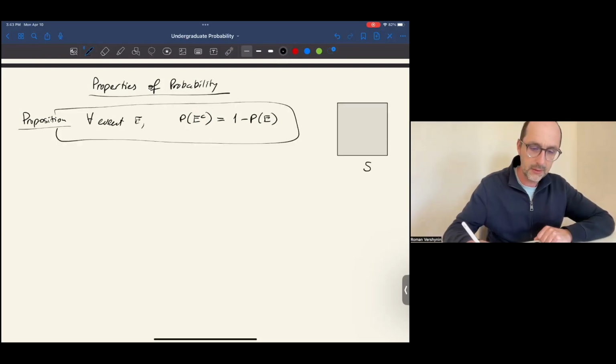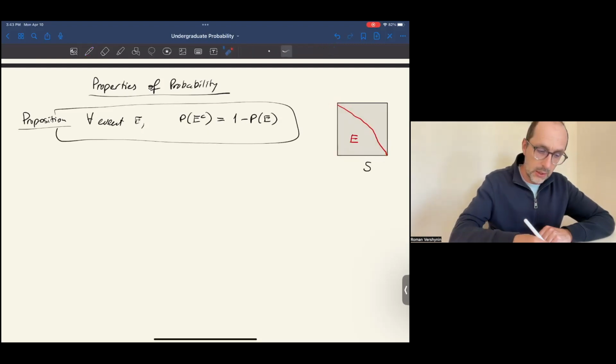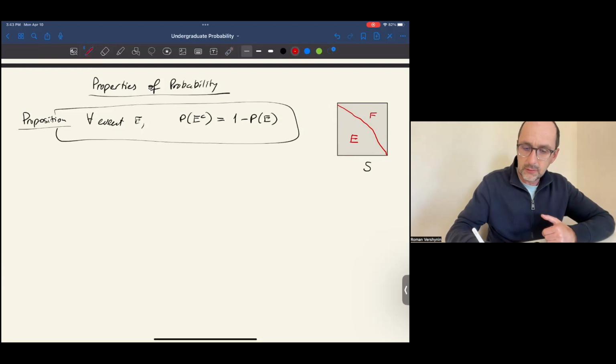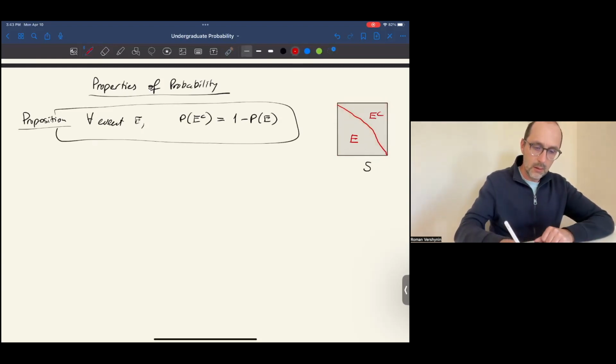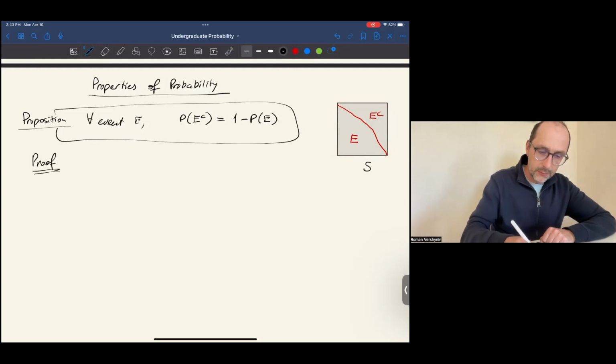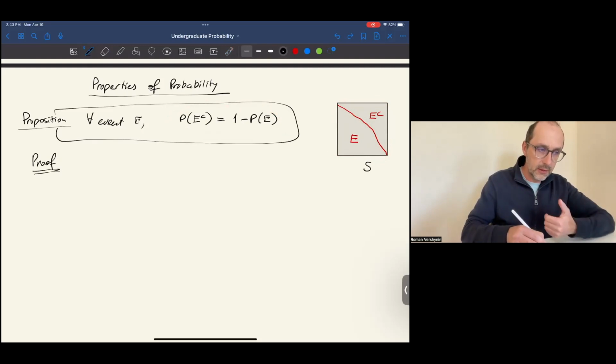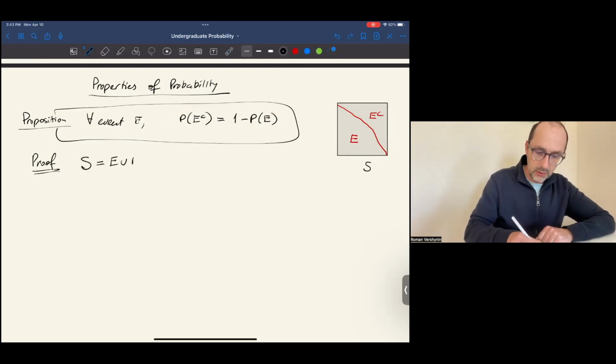This is a sample space. Let's say this is E right here, and the rest is the complement over here. To see why this formula holds, we can just think of the sample space S as the union of E and E complement.